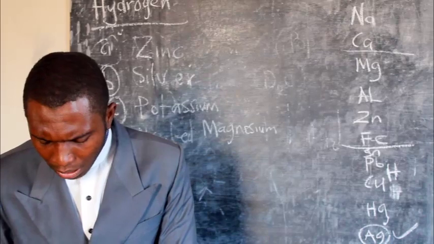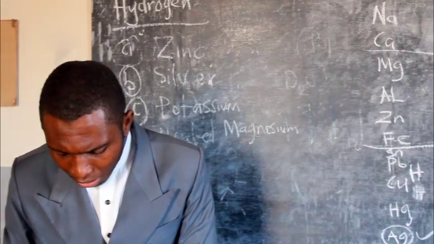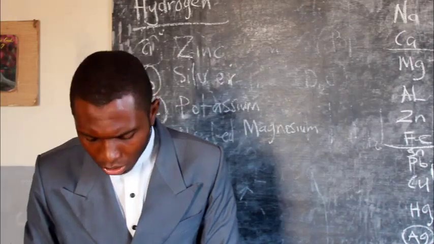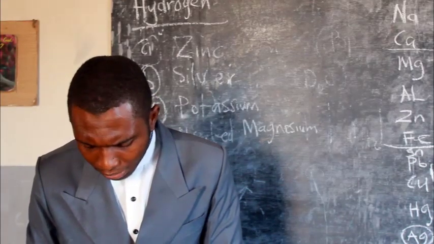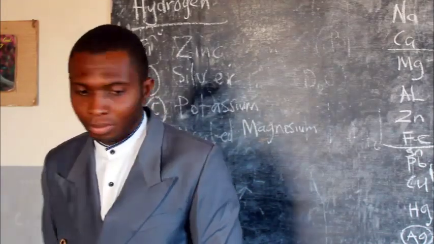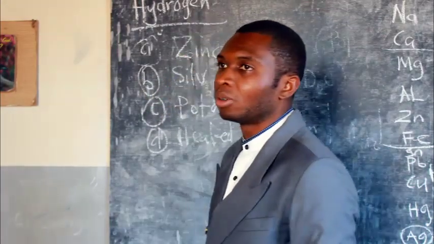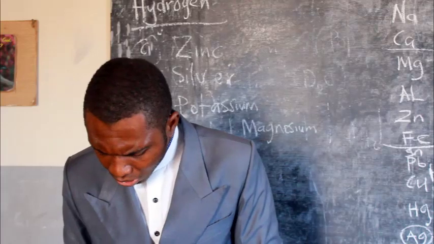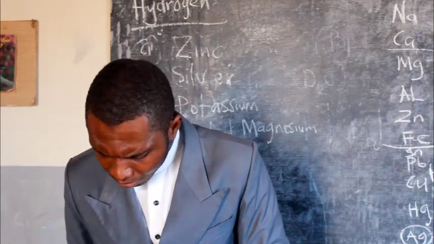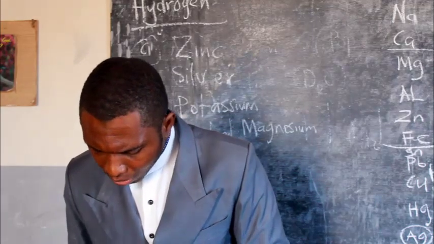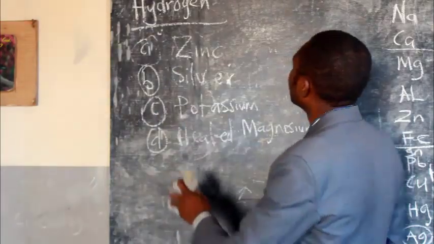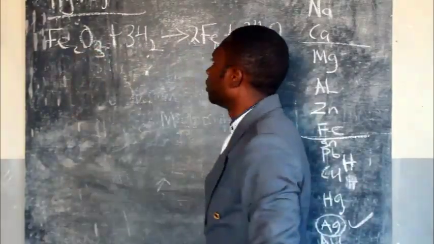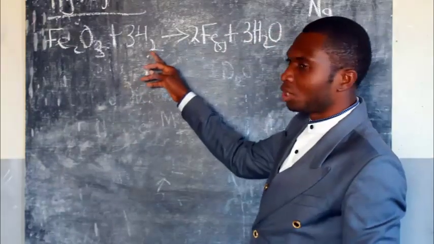Oxidation state of hydrogen in the hydride of nitrogen is, what is the oxidation state of nitrogen? We'll leave that for when we are on oxidation, please. The next question is this. Please write. Iron oxide reacting with hydrogen.